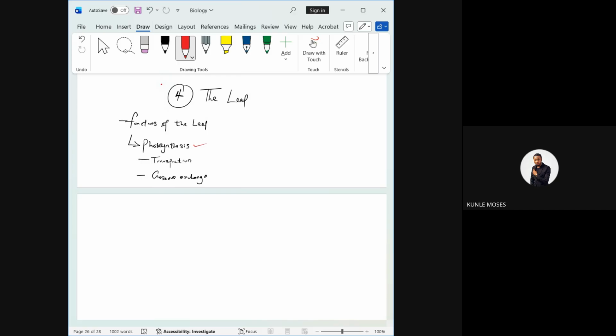So how does the leaf contribute to transpiration in the plant? I was telling you the other time that CO2 enters the plant through the stomata, isn't it? Diffusion also happens at the stomata in the leaf, and stomata is one of the structures that the leaf contains. So the leaf helps in photosynthesis, and the leaf helps in transpiration.